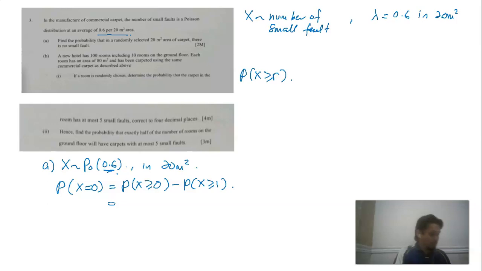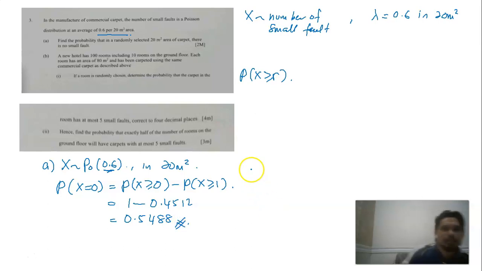For 0.6, exactly 0 is equal to 1 minus the probability of X greater than or equal to 1, which is 0.4512. So that is equal to 0.5488.